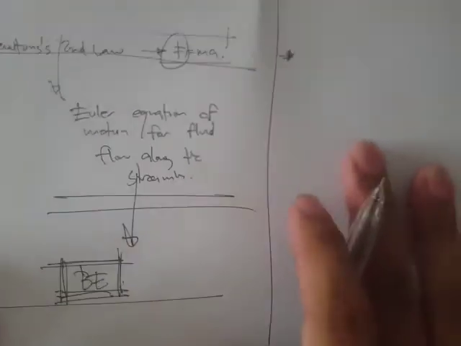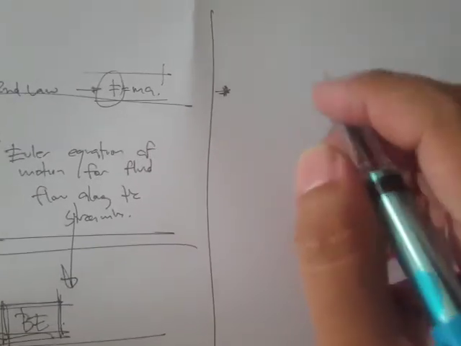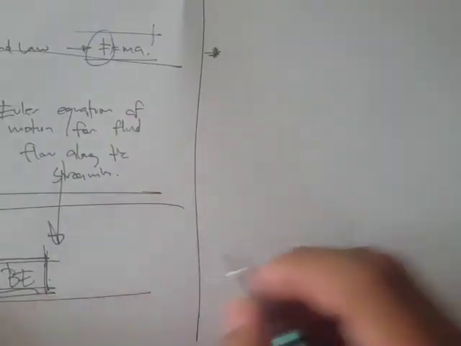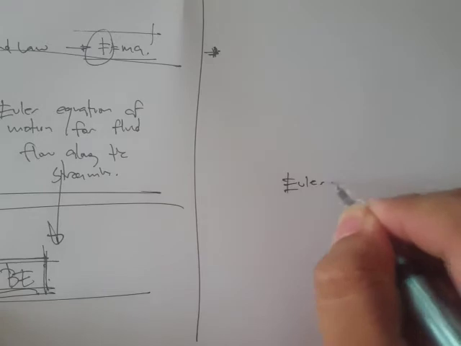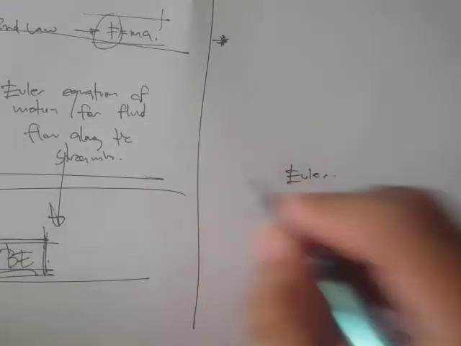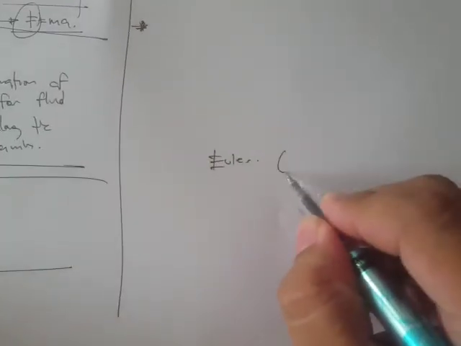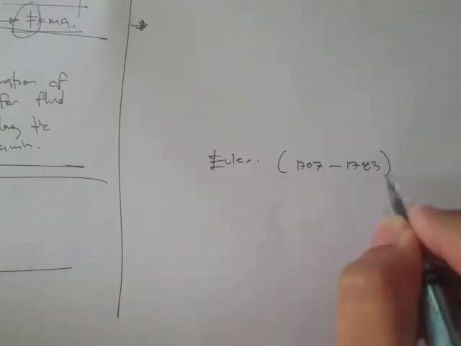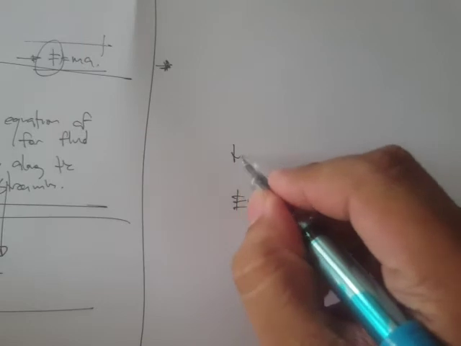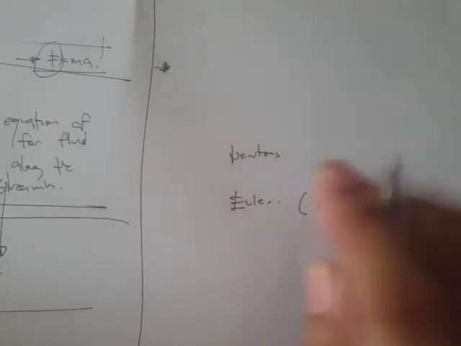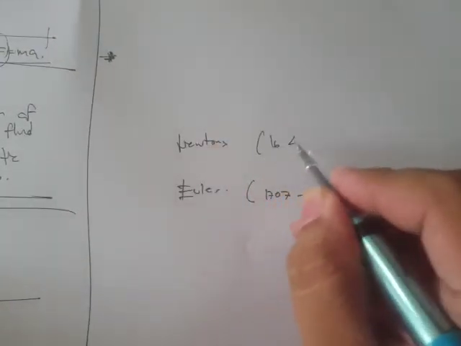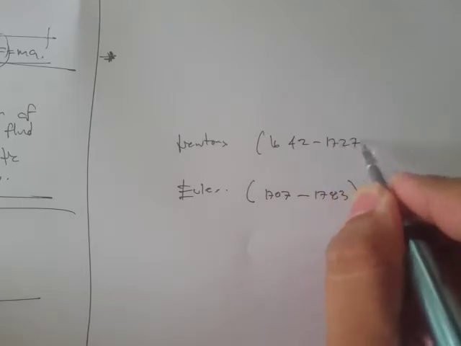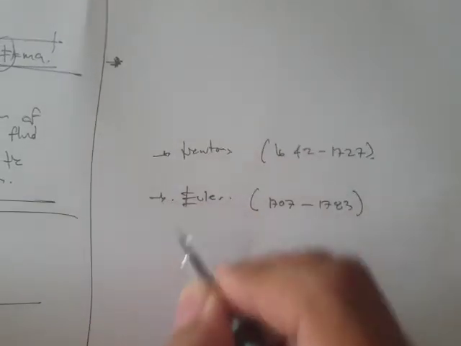So if we write the timeline, this is Euler. The timeline of Euler is 1707 to 1783, and before that we have Newton's law, which is 1642 to 1727, right?